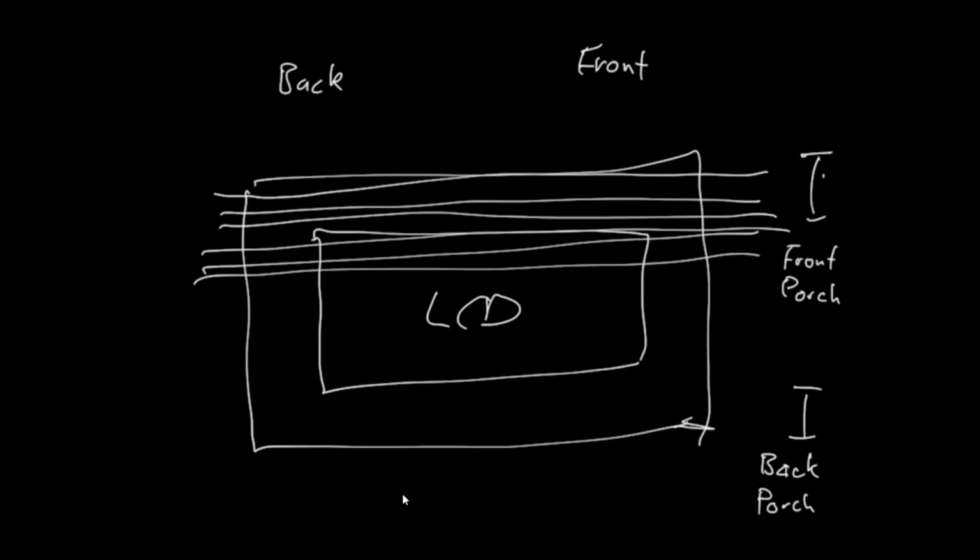So it has that front porch so that it has that bit of breathing room to get everything prepared prior to us getting to this point here, where it's actually starting to send pixel data.